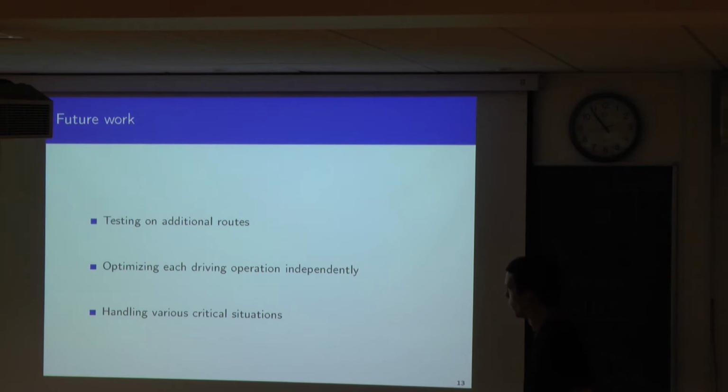For future work, we would like to test additional routes and optimize specific driving operations at specific routes, since these operations are quite independent. And we will also implement additional models for handling various critical situations that are not handled well here.